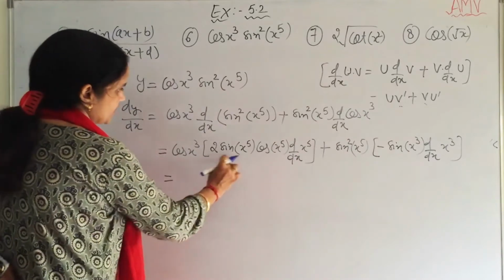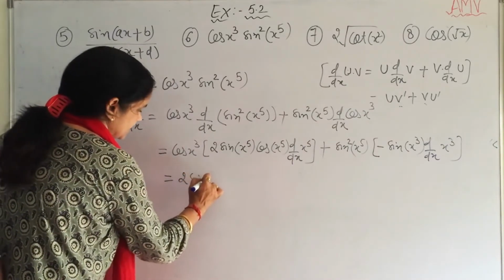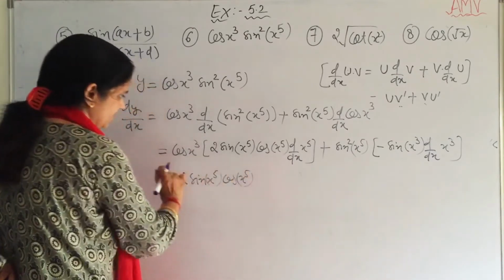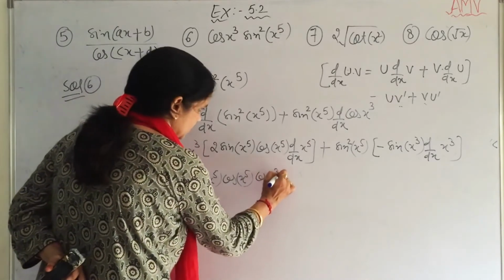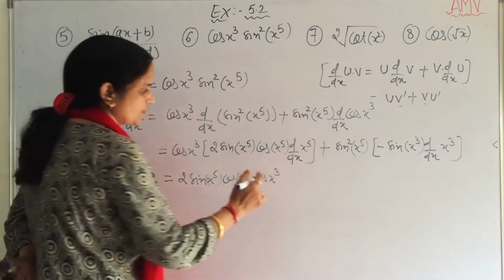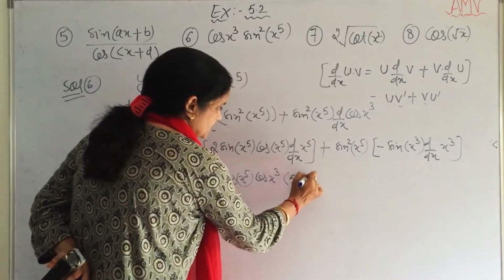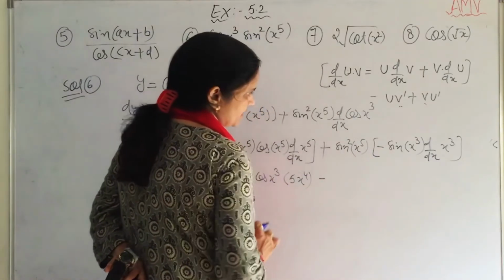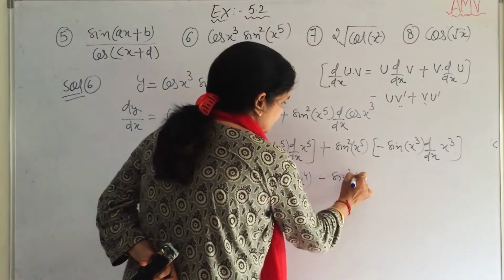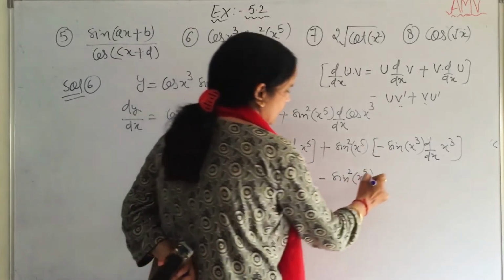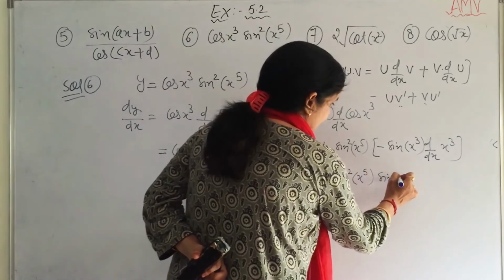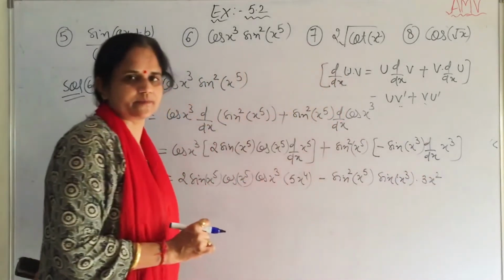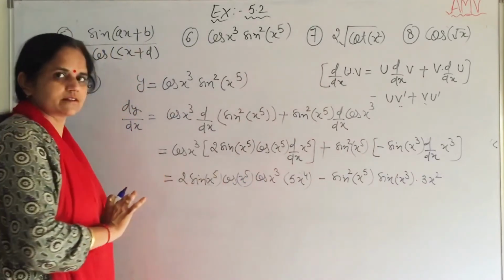The next step, students: here 2 sin x^5 cos x^5 cos x cube, and the derivative of x^5 is 5x^4. Here it is a minus sign, so take minus sin square x^5 and sin x cube, and it is 3x square. Now you can arrange these terms.